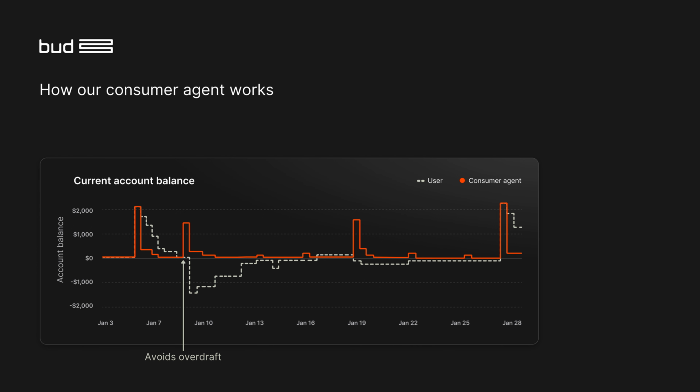Our consumer agent is a true machine learning model we have developed and trained at Bud using reinforcement learning. Based on our understanding of a customer, it uses customer context and transaction history as a starting point. It then acts as a continuous control system, constantly reassessing whether or not to perform an autonomous action based on forecasting the future and changes to its observation space, the consumer's transactions and balance as they happen in real time.